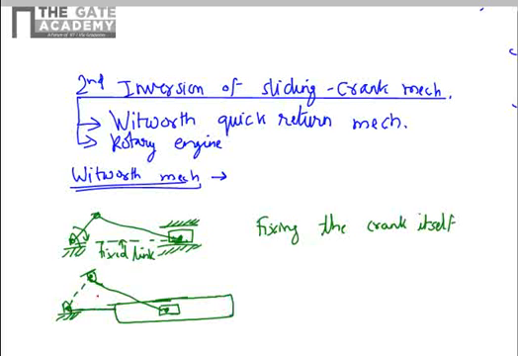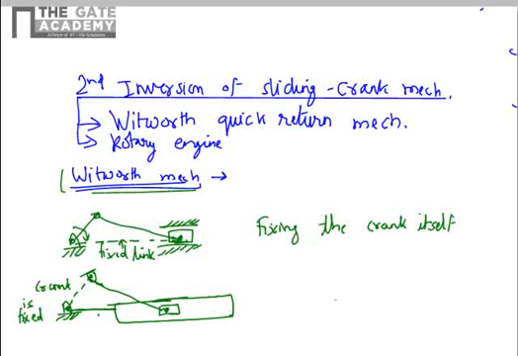So this is connected like this. So this becomes a link. This is not fixed, and the crank is fixed. So inversion means that in a mechanism or a kinematic chain, you are fixing different links and you are getting a different mechanism. So this forms a Whitworth quick return mechanism.